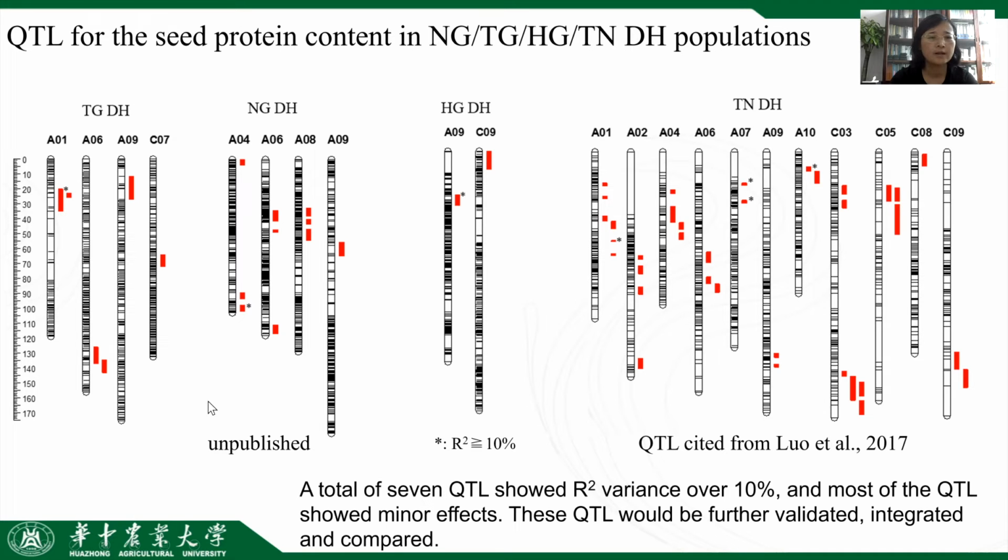We identified a total of 7 QTLs explaining phenotypic variation over 10%, but most of the QTLs showed minor effects. And these QTLs would be further validated, integrated, and compared. We can also analyze what they are, which will help the further genomic prediction models.